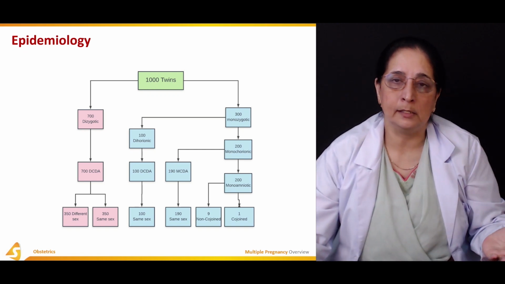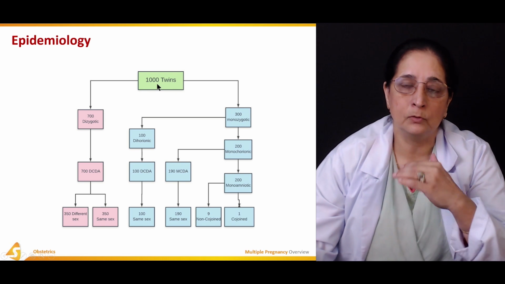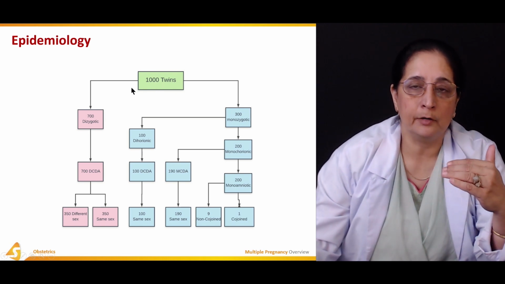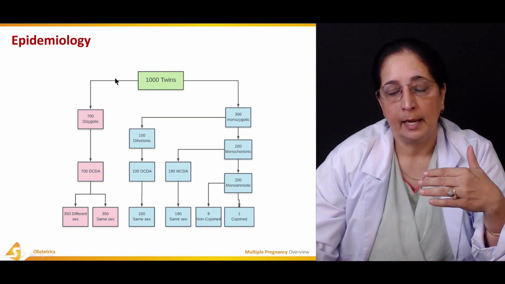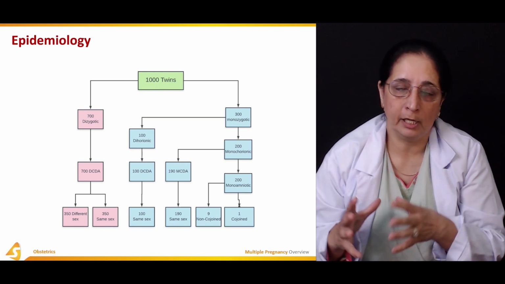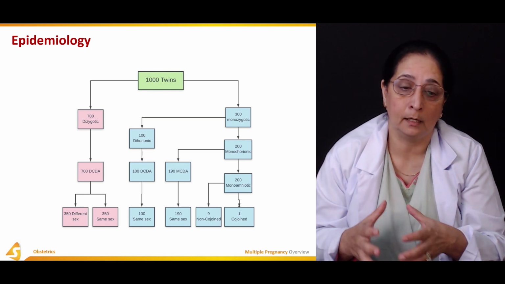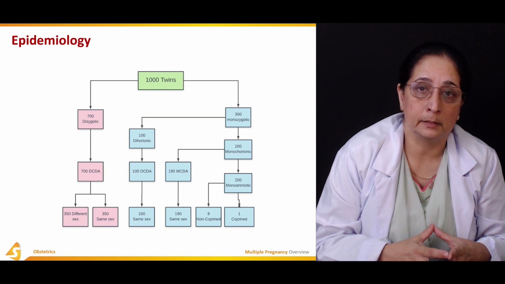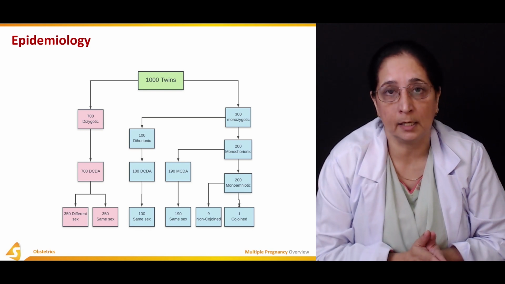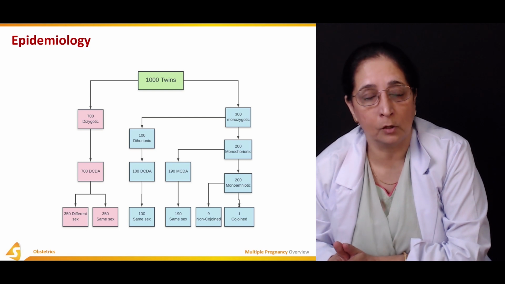So if 1,000 twin pregnancies are studied, then out of 1,000, 700 will be dizygotic and 300 will be monozygotic. So only 300 are monozygotic; more than 50% are dizygotic.